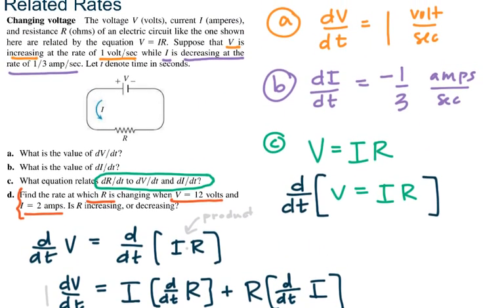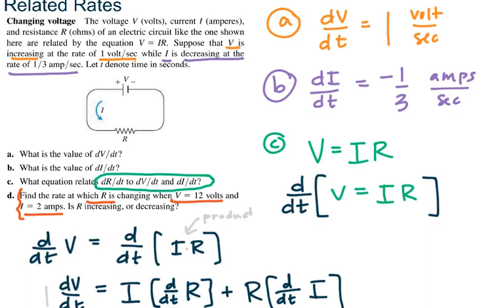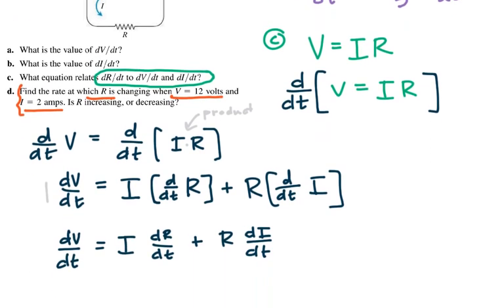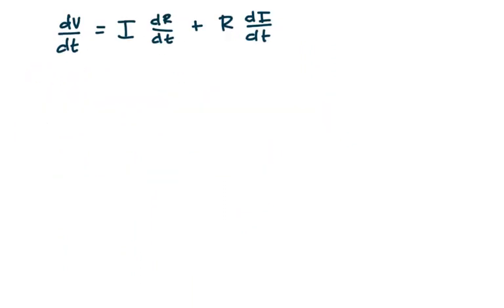We know dV/dt is 1 and dI/dt is negative 1/3.